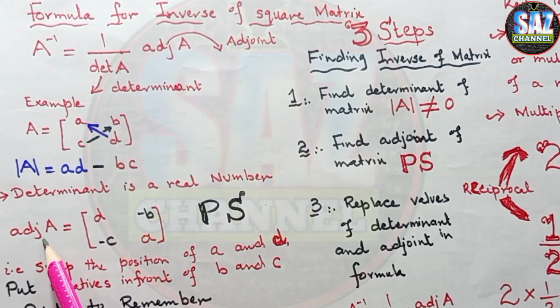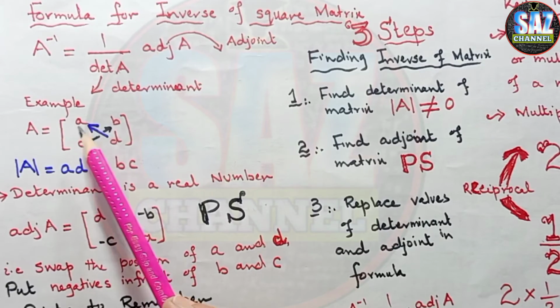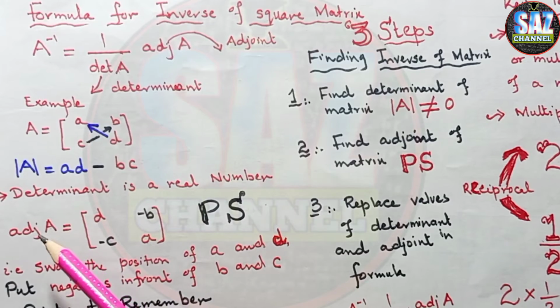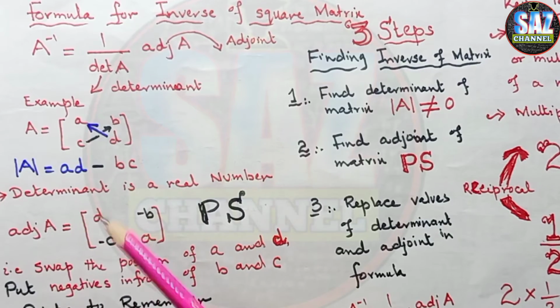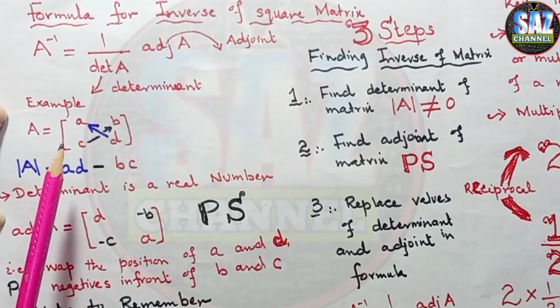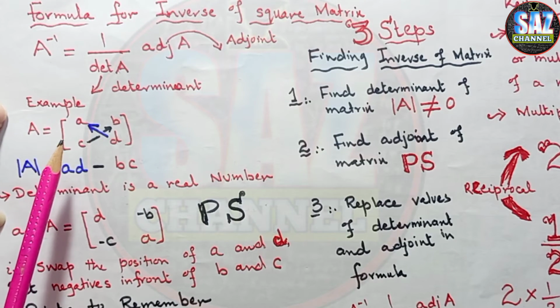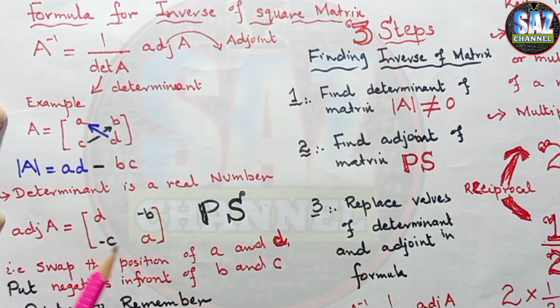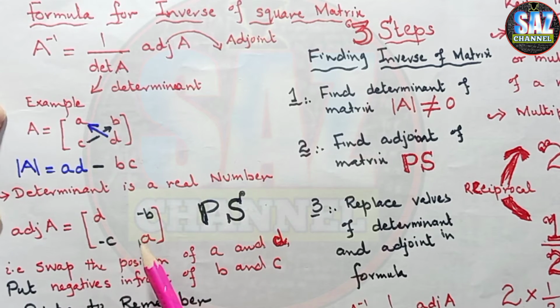Coming to the adjoint of a matrix, again, if we have the matrix A, B, C and D, look at the matrix and the adjoint carefully, and see where the changes are coming. In the original matrix, we have the A entry here, but in the adjoint, A is over here and D is at this place. B and C are at their own places, but we place the negative sign before them.